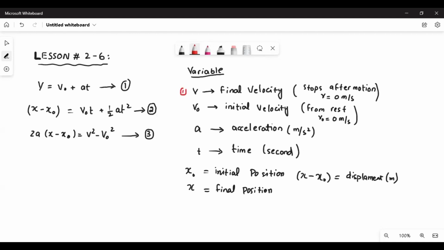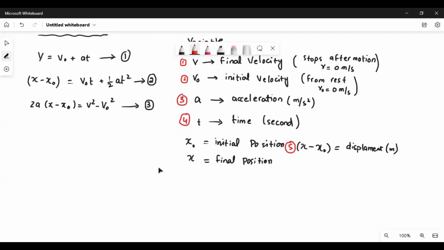If I write them, v is first, v naught is second, a is third, t is fourth, and x minus x naught is fifth. I will treat x minus x naught as one variable.